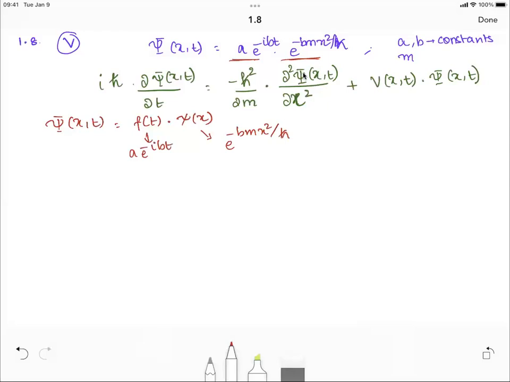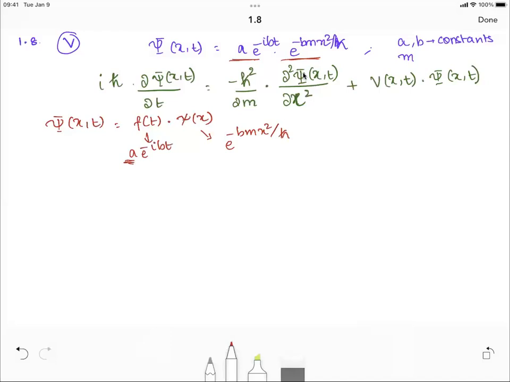You can also bring the constant to the x-dependent part. I just chose to put it in the time-dependent part. It's just a constant, so it doesn't really matter which portion you put it in.